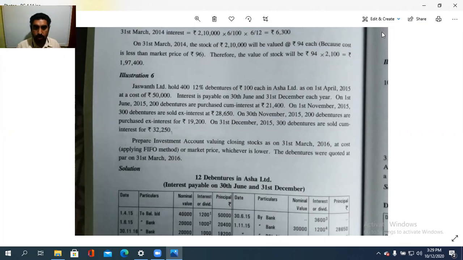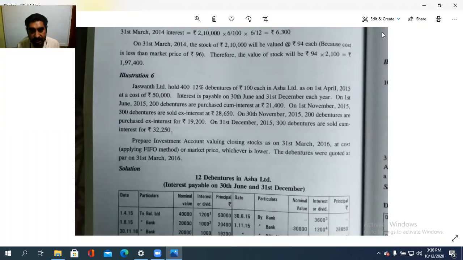On 1st June, 200 debentures are purchased cum interest at 21,400. Then, on 1st November 2015, 300 debentures are sold ex interest at 28,650. So both are the cases there. Interest is purchased and interest is sold also.